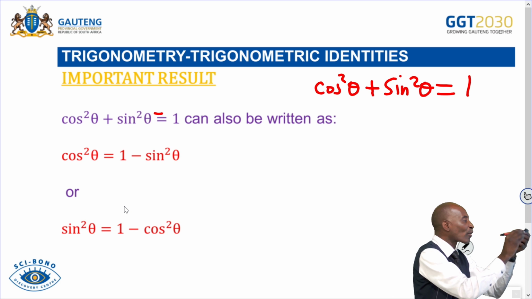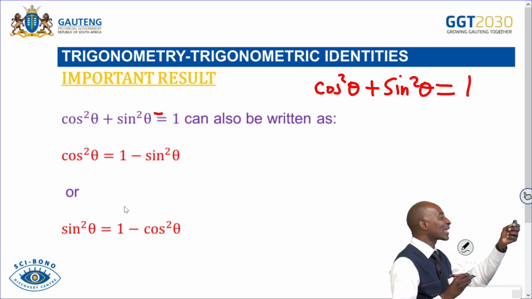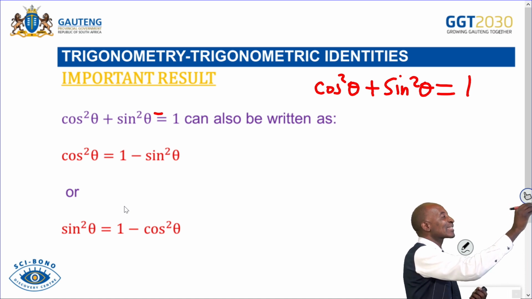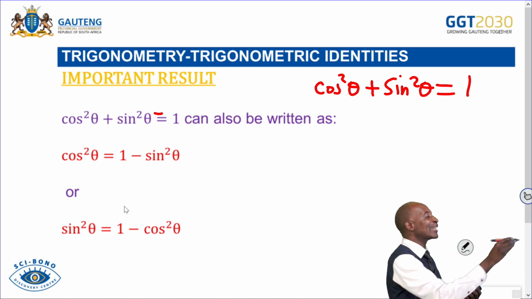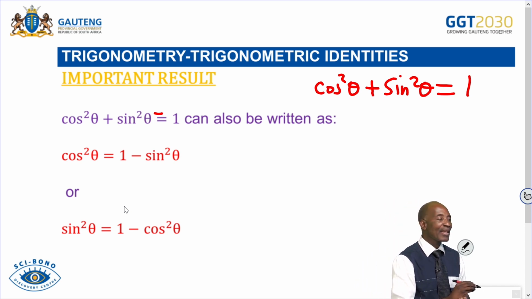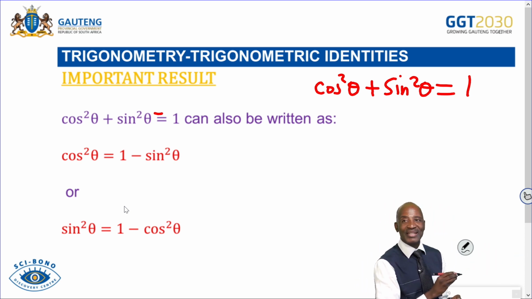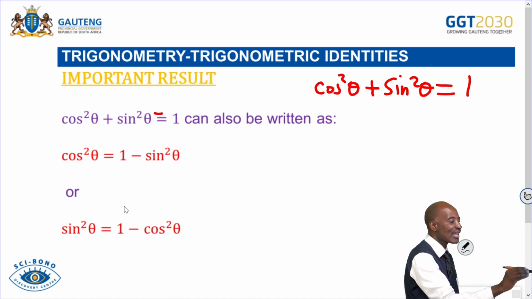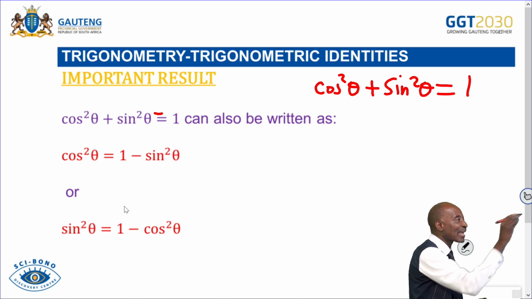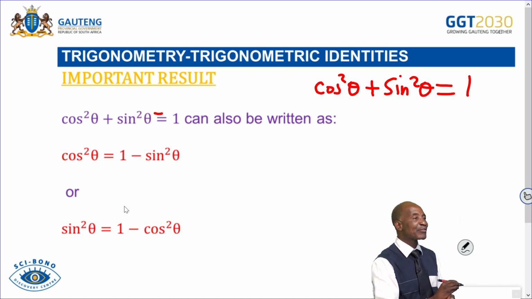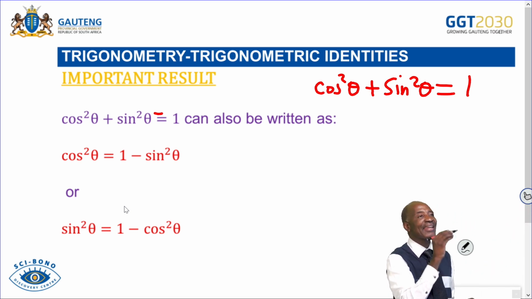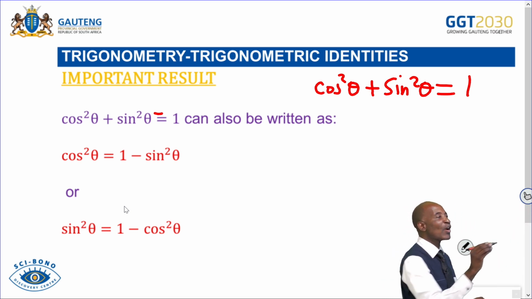You're basically solving for cos squared theta, making cos squared theta stand alone. Then you transpose your plus sine squared theta to the other side. It will become a negative sine squared theta. And then the same applies to sine squared theta. We are going to transpose our cos squared theta to the other side. It was a plus. It will now become a negative cos squared theta. So this identity can be written in 3 different ways.